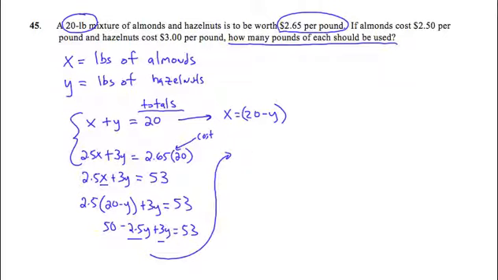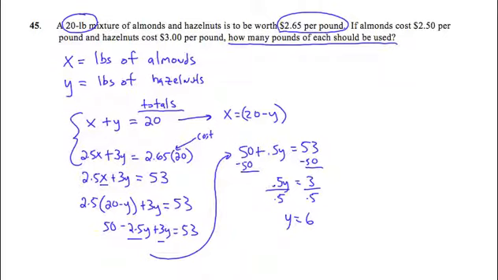So I'd have 50 plus 0.5y equals 53. Subtract 50 from each side. 0.5y equals 3. Divide both sides by 0.5. y then is going to equal 6.